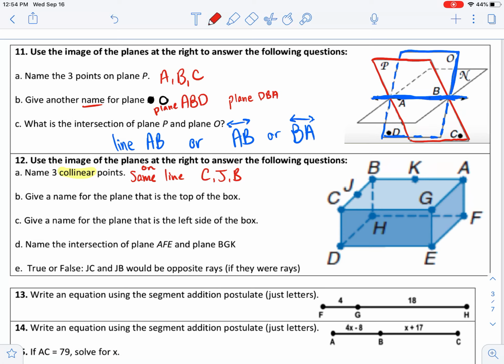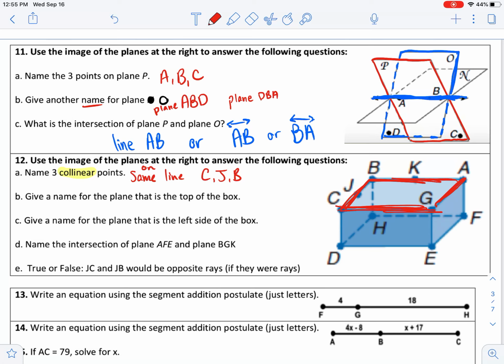And now let's look at B. I'm gonna skip some of these, but I want to give a good explanation of B. So they want me to give a name for the plane that is the top of the box. So I'm just going to look at the top of the box, see what letters I've got to work with. And I want to give a name.